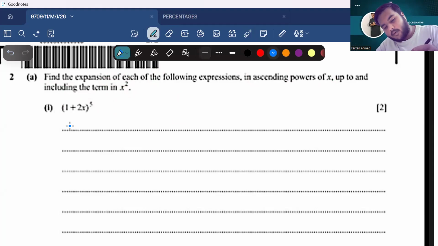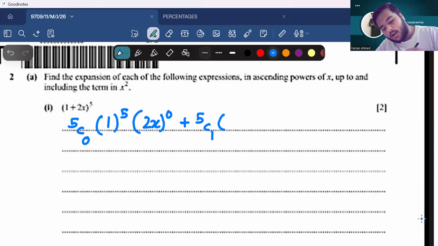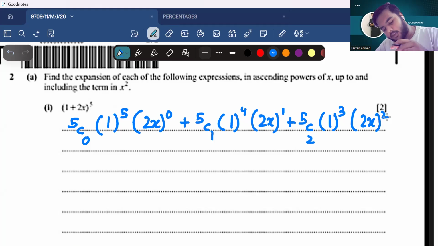So this will be 5C0 times 1 raised to power 5 times (2x) raised to power 0, plus 5C1 times 1 raised to power 4 times (2x) raised to power 1, plus 5C2 times 1 raised to power 3 times (2x) raised to power 2.